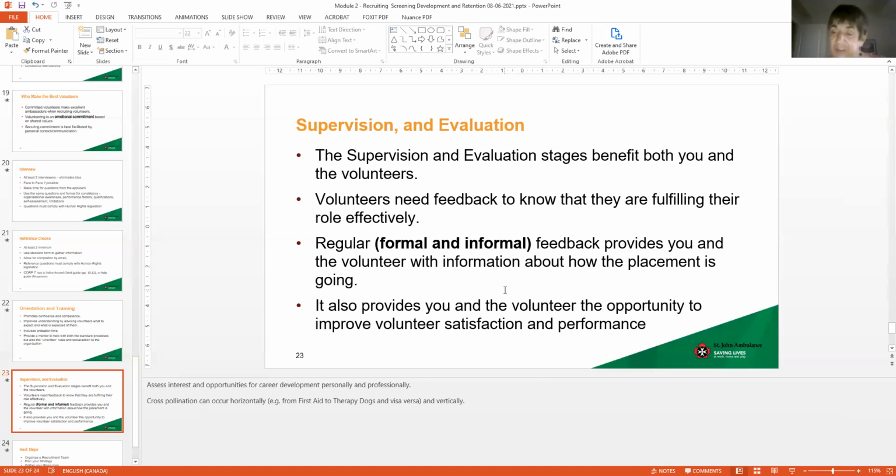And see how they're feeling, like see if they're feeling valued, because that's why volunteers leave. If they don't feel they're valued, they don't stay. Okay, so are we finished this one? Okay, I'll leave it at that.